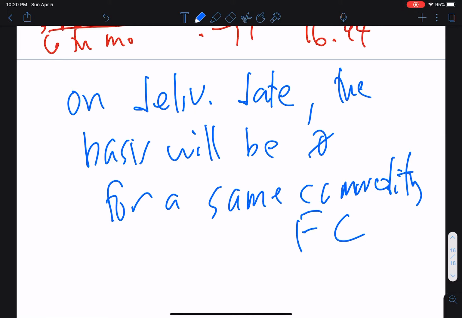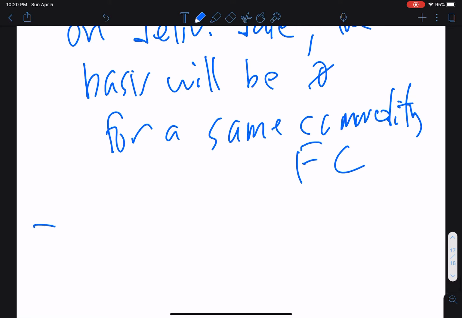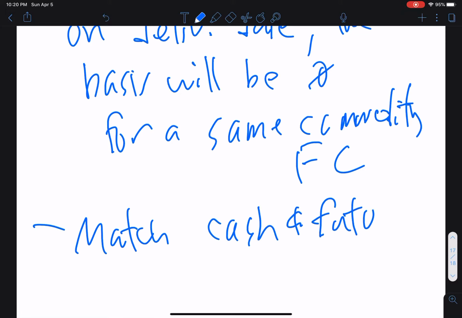So if we're able to match the cash and futures obligation dates, well, that would be a great way to minimize basis risk, assuming a futures contract existed with a delivery at the point where a cash obligation existed. Cash obligation is a spot asset obligation, the underlying asset.